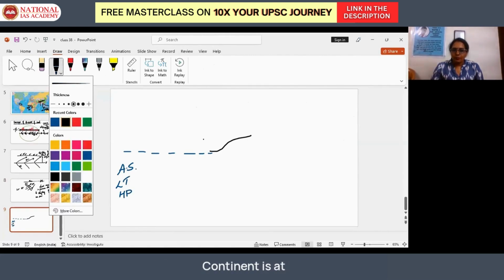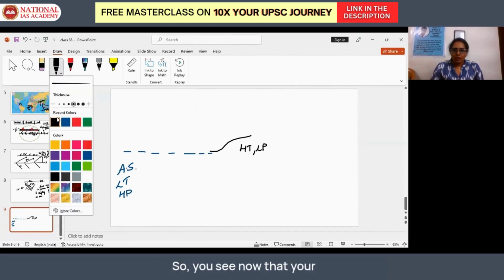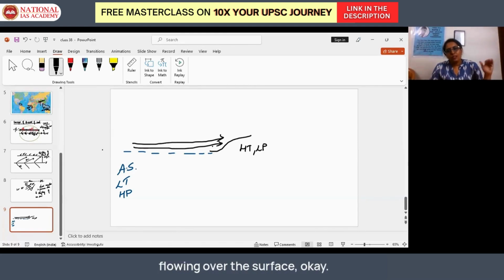The continent is at high temperature, low pressure. So you see now that monsoon is a wind which is flowing over the surface.